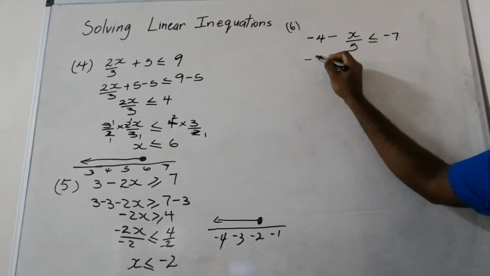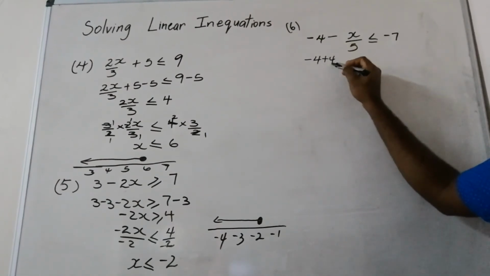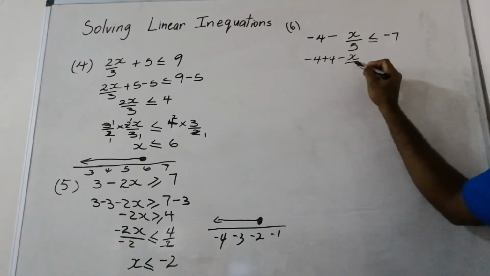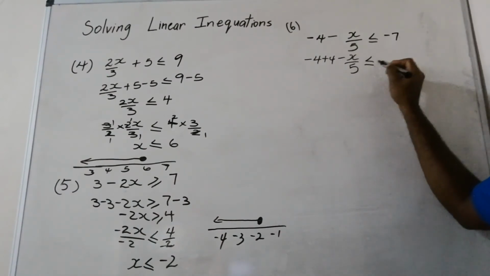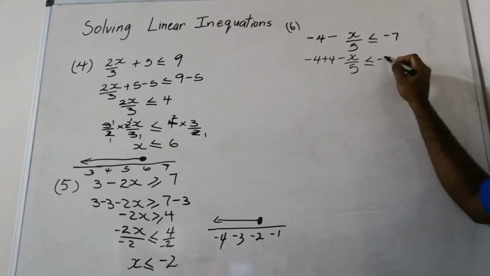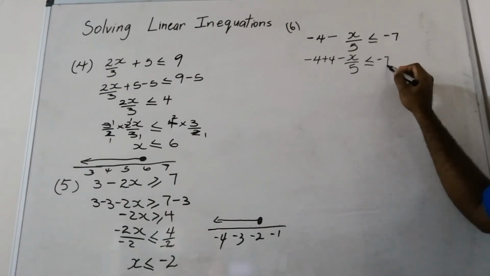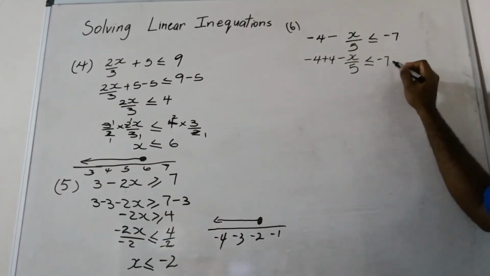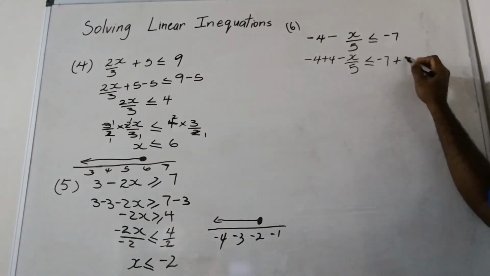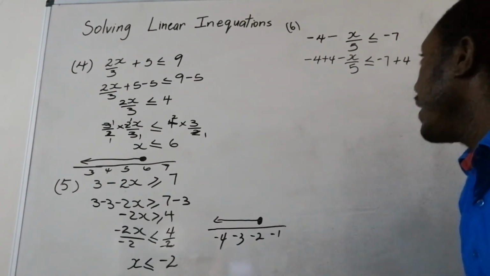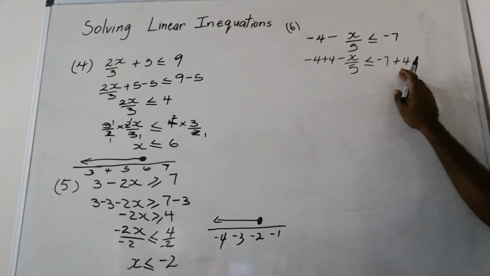So, minus 4 plus 4, x over 5, minus 7 plus 4. Alright?